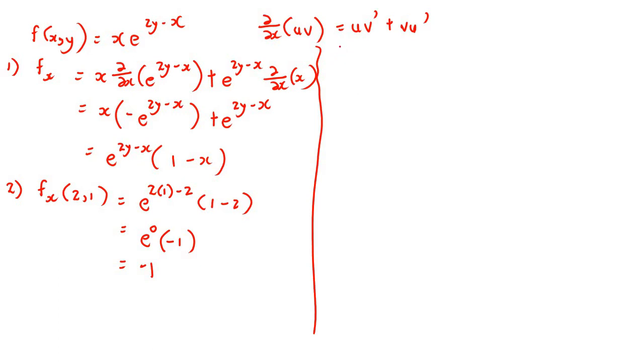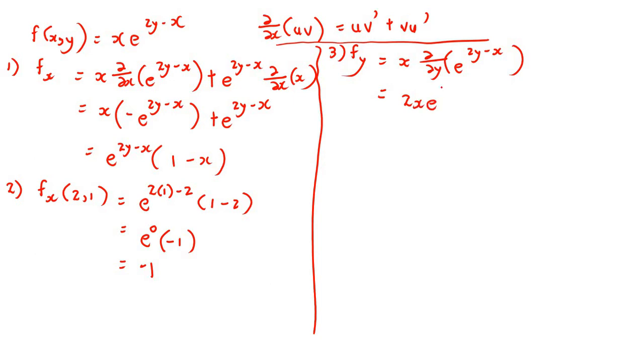Then number 3, find fy. For fy there is no need to use the product rule, because x is constant. So you just differentiate the exponential with respect to y, and we get 2x e^(2y − x).